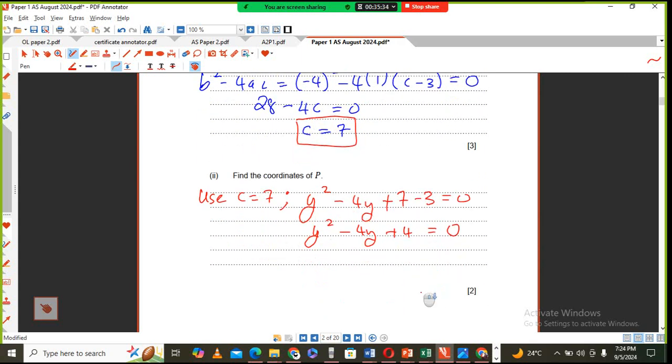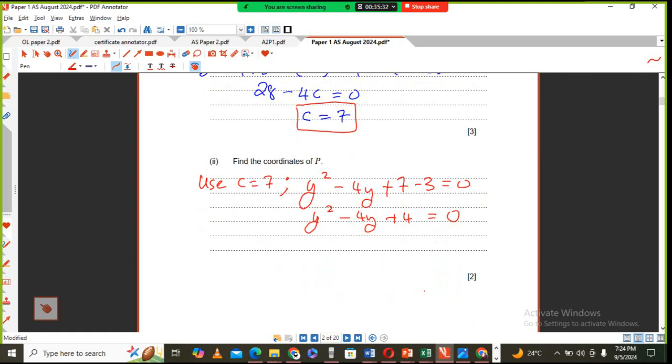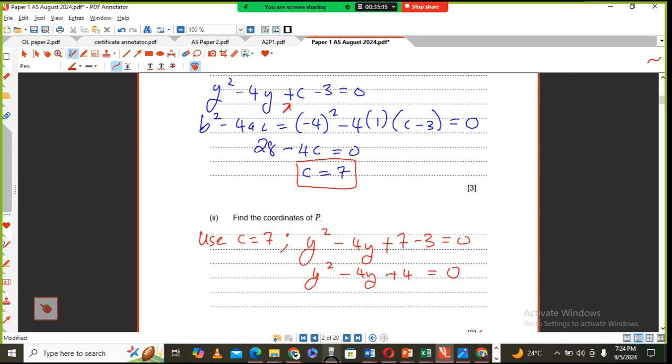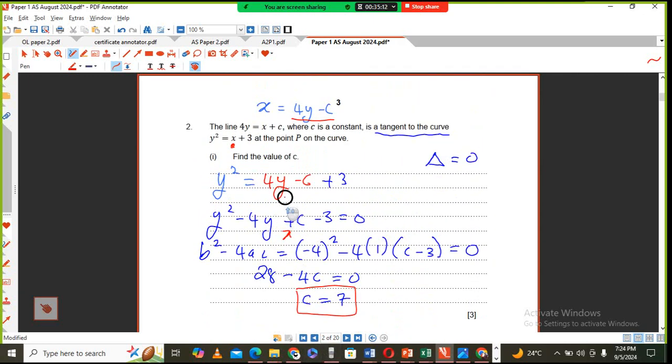Are we together so far? Yes. Okay. So is this not a bit too long to use this particular one? Because you need to realize there's a reason. If you have 2 marks, it means you must work a bit smarter. Remember, we have the value of c, we calculated it, but we have another equation here.